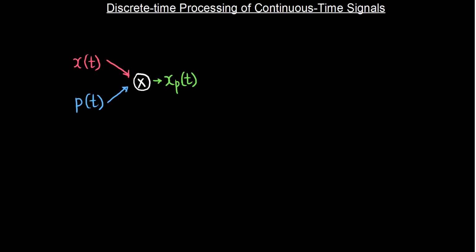That is done by using the continuous time to discrete time converter, or the impulse train to discrete time sequence converter. So let's suppose I'm having a box here.